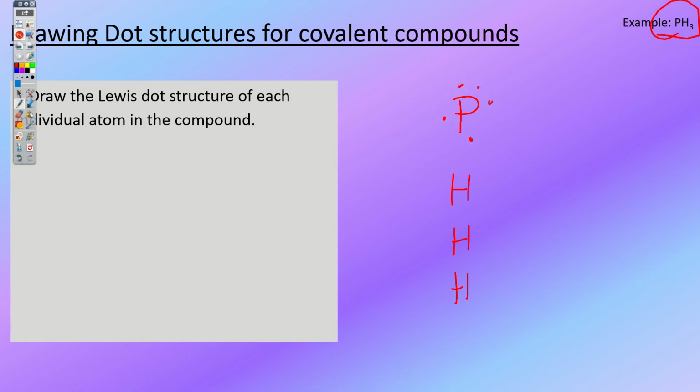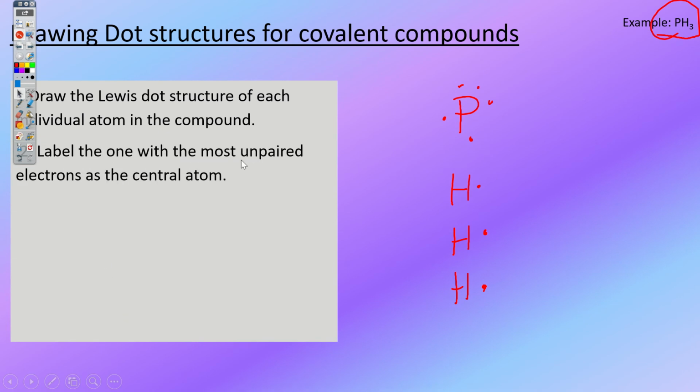Then I'm going to draw for my hydrogen. It has 1 valence electron, so 1, 2, 1, and 1. Step 2 is we are going to label the one with the most unpaired electrons as the central atom. Hydrogen only has 1 unpaired, but phosphorus has 1, 2, 3 unpaired. So this one is going to be our center.